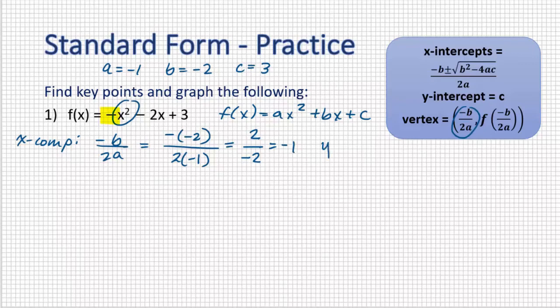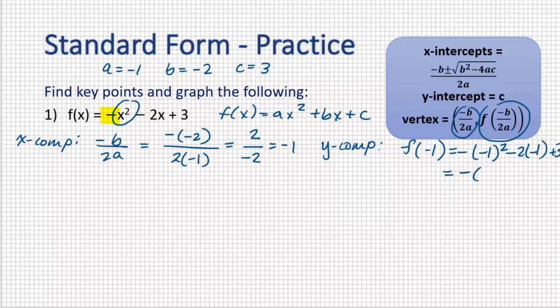Now to find the y component of the vertex, we're told to evaluate the function at negative b over 2a, to find f at negative b over 2a. Well, we know the value of negative b over 2a. We just found it. So we're going to evaluate the function at negative 1. That gives us negative 1 squared minus 2 times negative 1 plus 3.